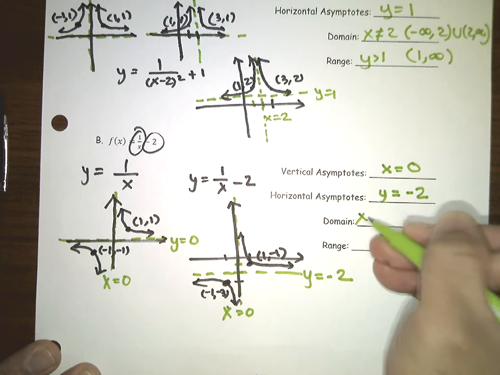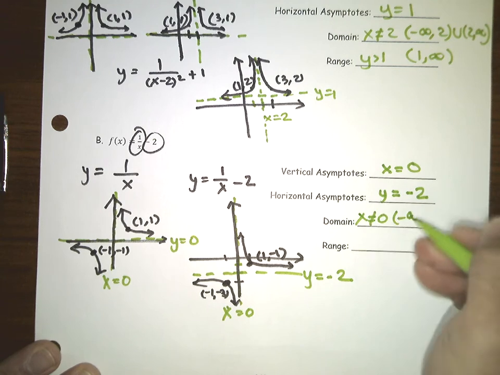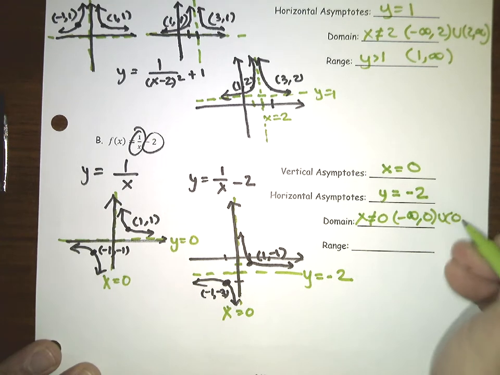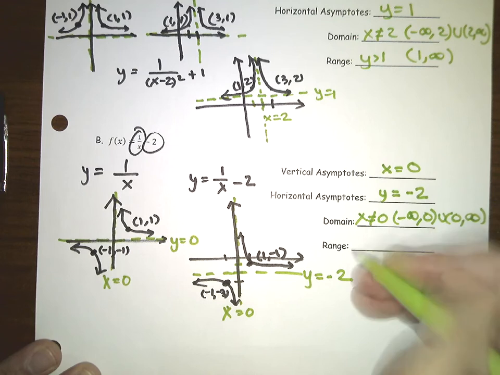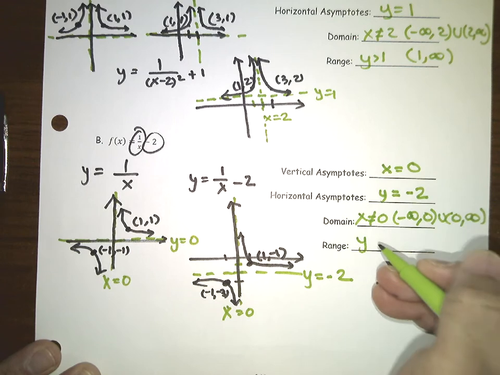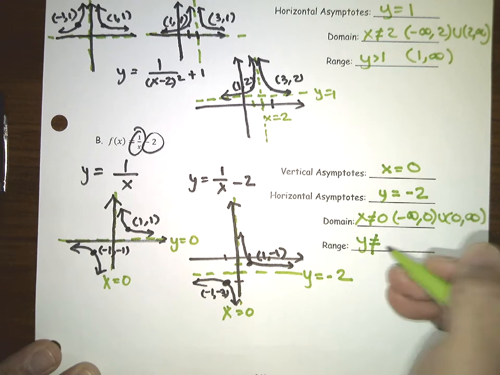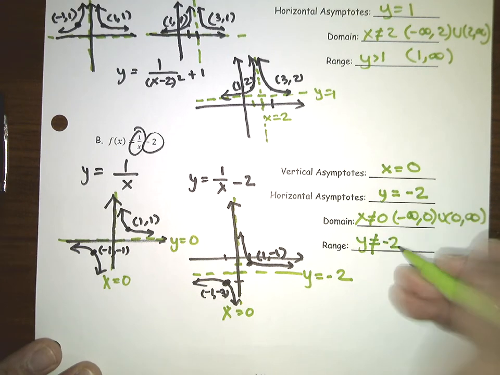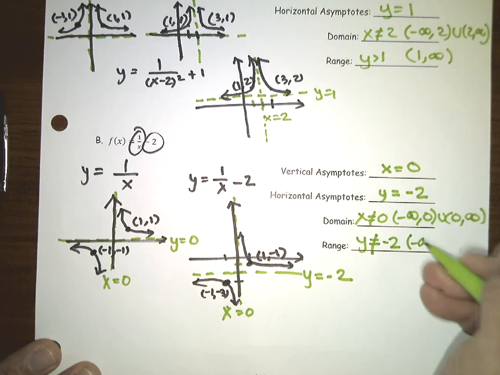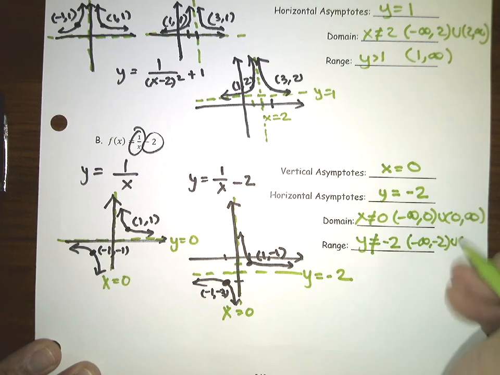Domain: x cannot be 0, so negative infinity to 0 and 0 to infinity. And range: y cannot equal, what is it, -2. So negative infinity to -2 and -2 to infinity.